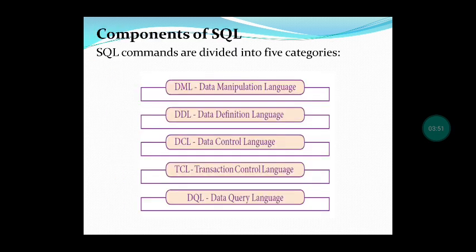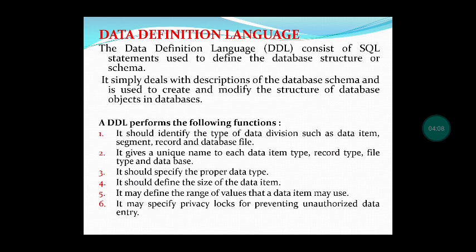Next, we are going to see the components of SQL. This has been classified into 5 categories, that is DML, DDL, DCL, TCL and DQL. Let us see them one by one. First we will see the data definition language, DDL.